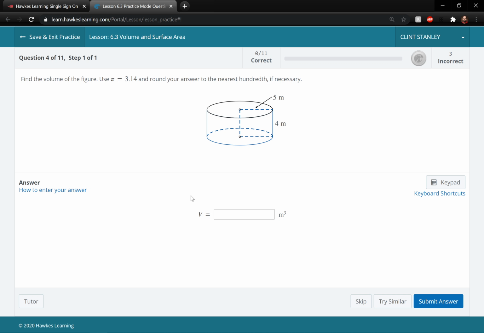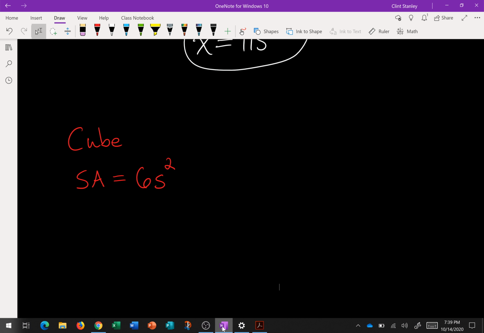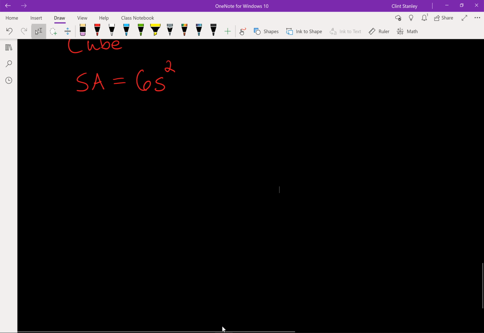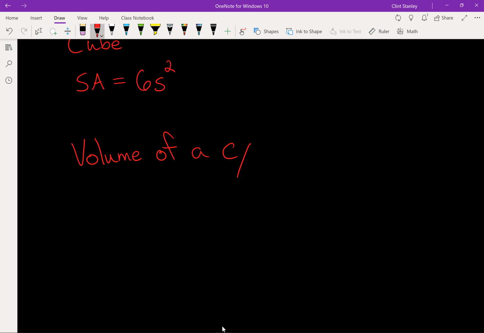Okay, this one says find the volume. That's not as bad. So if we want the volume of a cylinder, then it's going to be the area of the top or the bottom, so that's pi r squared, times how tall it is, h.